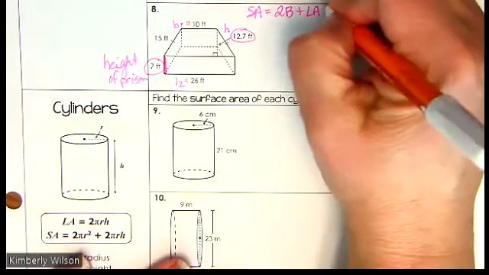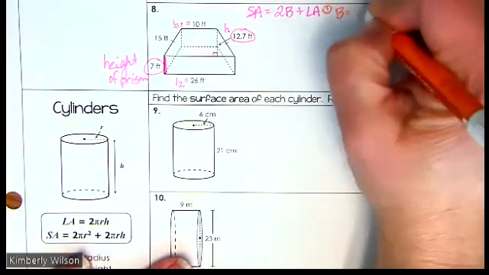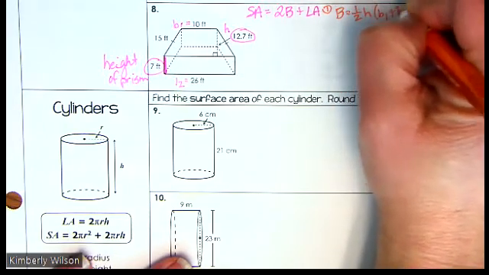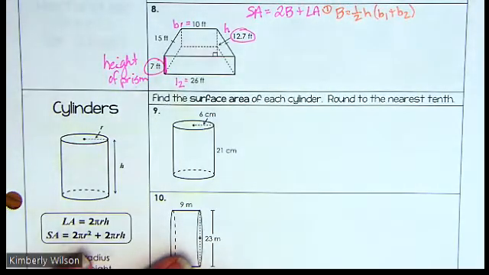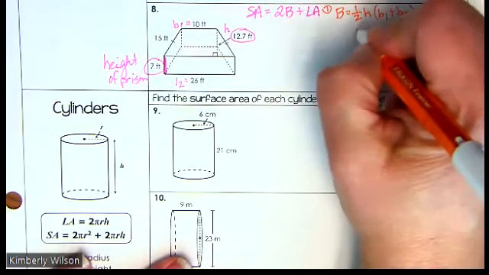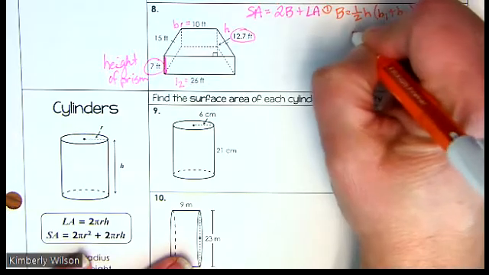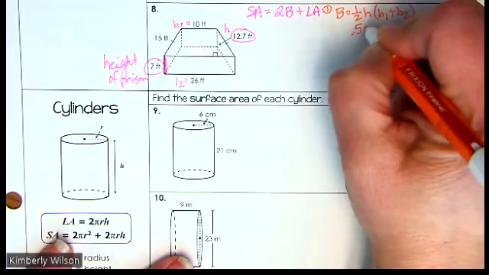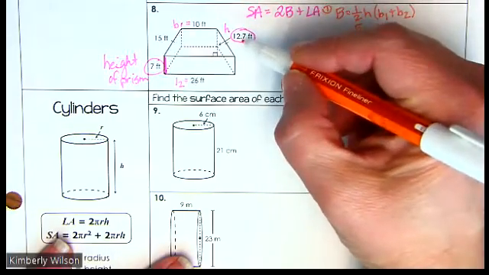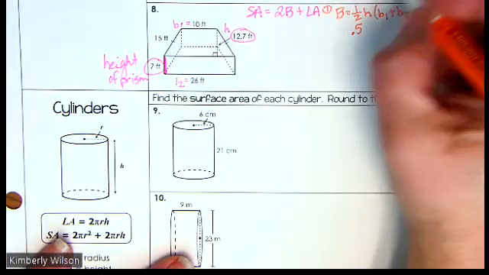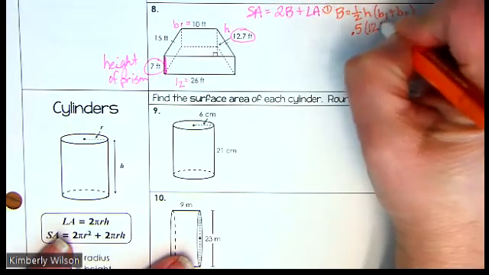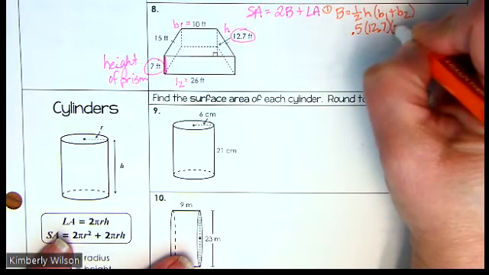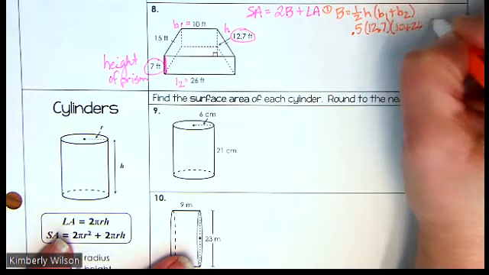Okay, so for step 1, the capital B is calculated by doing 1/2 H times B1 plus B2. That's our trapezoid formula. If you want to do 0.5 instead of 1/2, it's your choice. I like to do 0.5, but you don't have to do. So this is 0.5 of the height of the trapezoid, not the height of the prism. So we're going to have 12.7 times 10 plus 26.